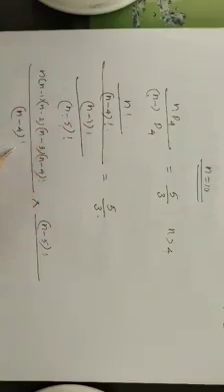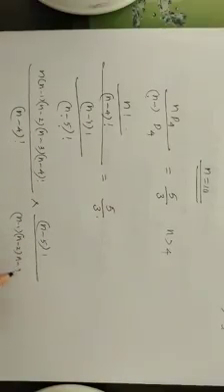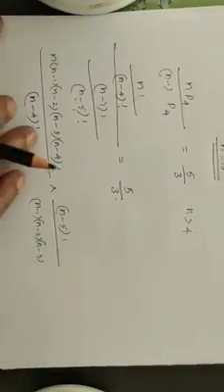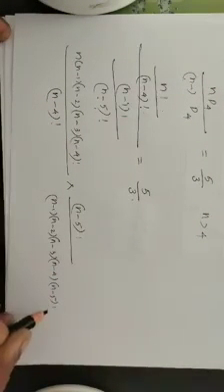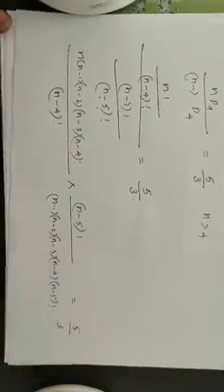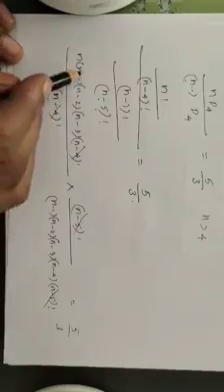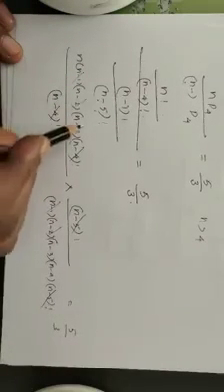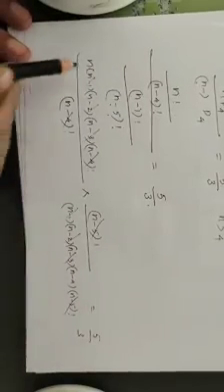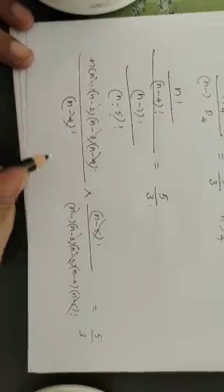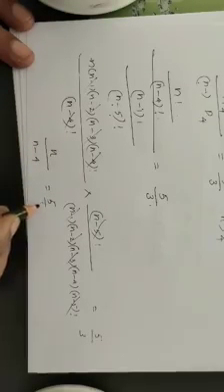We can write n minus 1 factorial in terms of n minus 5: n minus 1, n minus 2, n minus 3, n minus 4, then n minus 5 factorial, equal to 5 by 3. Cancelling this, and again we can cancel. Yes, n minus 1 cancelled, n minus 2 cancelled, n minus 3 cancelled. Then what is remaining? Here n by n minus 4 equal to 5 by 3.